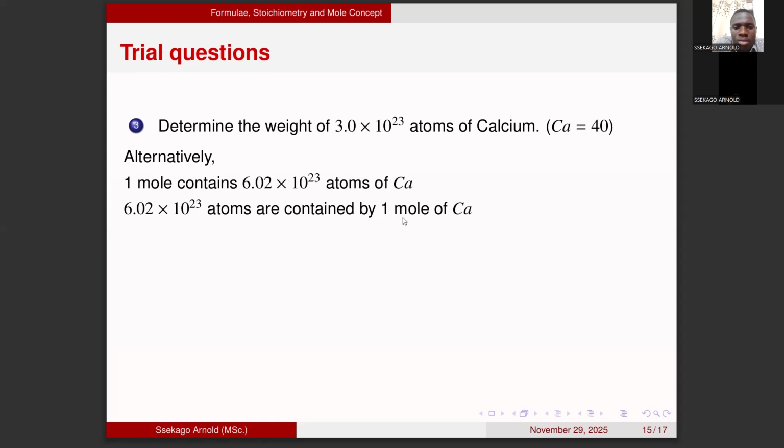That's why I have changed this statement. What is on the right-hand side is what I want to find, and what I am given is on the left-hand side. So if 1 mole contains 6.02 times 10 power 23 atoms of calcium, this is the same as saying 6.02 times 10 power 23 atoms are contained by 1 mole.